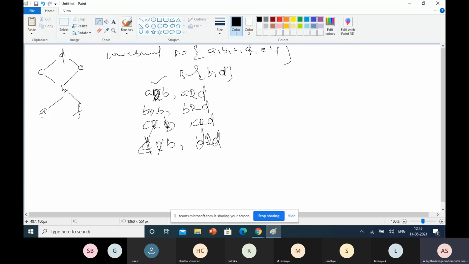Suppose D to D, D relates D completed. Next, E relates to B, no, E relates to D, yes. Then F. F relates to D, yes.